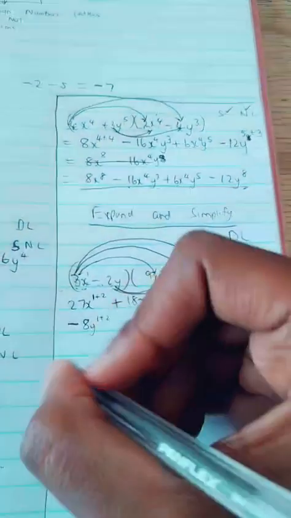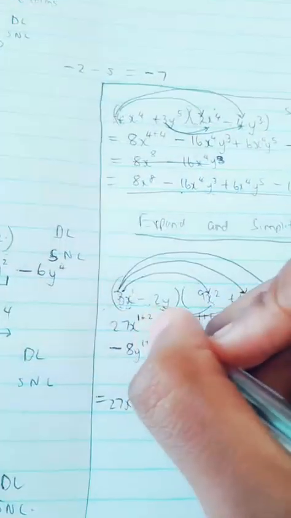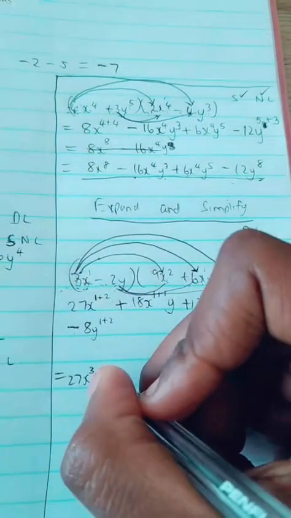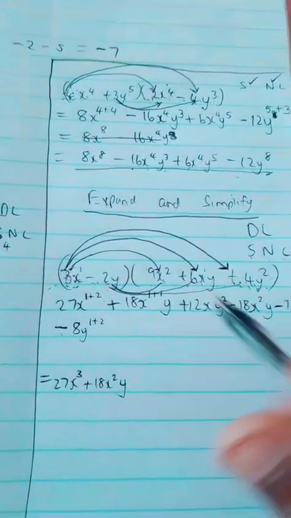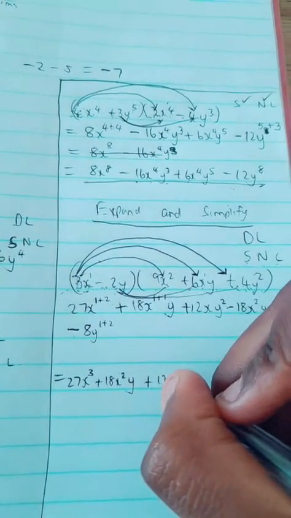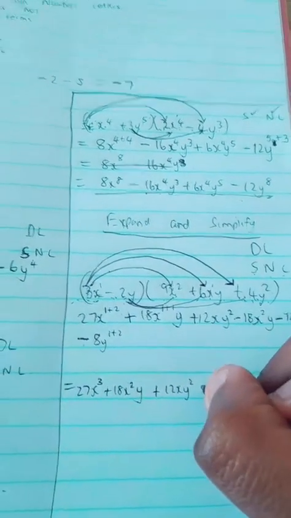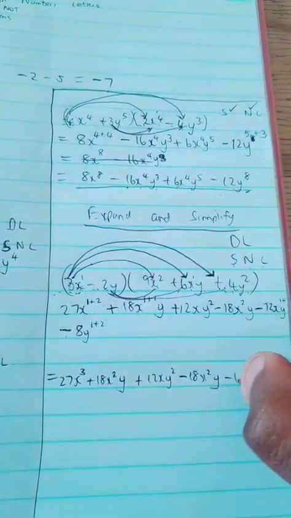So now the finality of what I see is 27x to the power 3, because 1 plus 2 is 3. The next one, plus 18x to the power 2y, because 1 plus 1 is 2 in the exponent, plus 12xy squared minus 18x squared y minus 12xy.